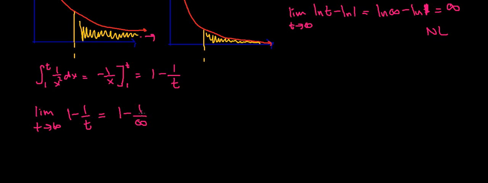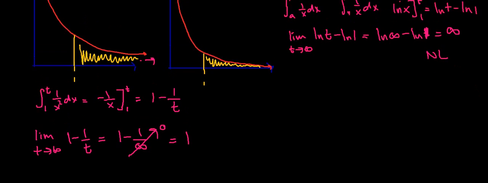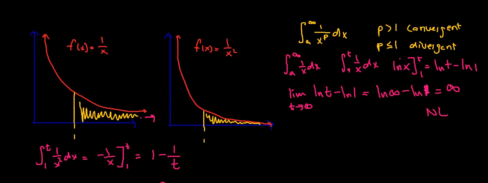Here's the situation where it's 1 minus 1 over infinity. 1 over infinity is going to go to 0. And this leaves a 1, which is a definite area. What these two examples have shown is as t goes to infinity, the area for this one is equal to infinity. It has no defined area. But this one, the area is equal to 1.